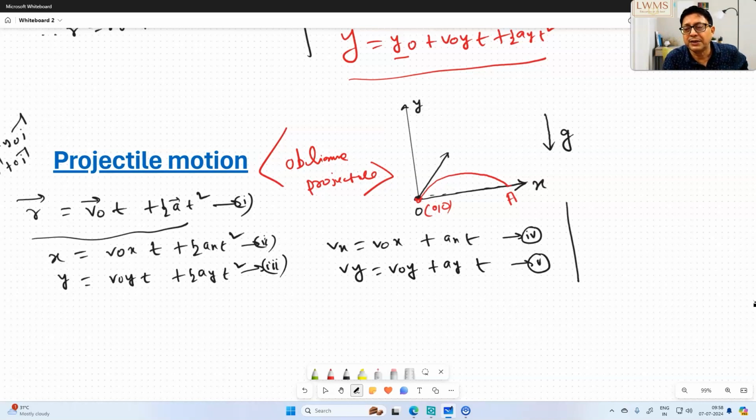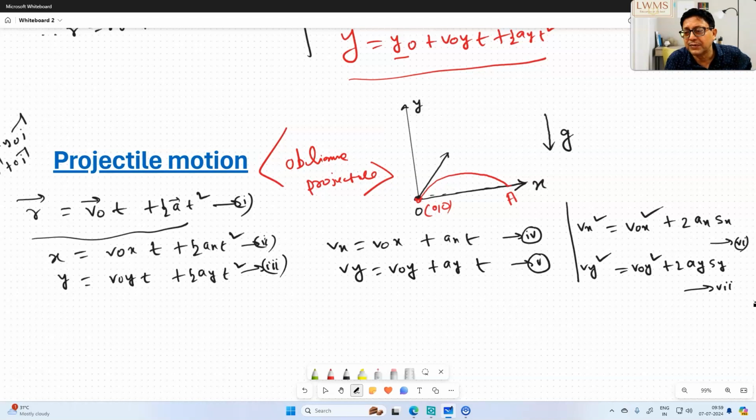We can write vx square equal to v0x square plus 2ax into displacement along the x-axis, 2as, writing Sx, and then vy square will be v0y square plus 2ay into Sy. Alright.